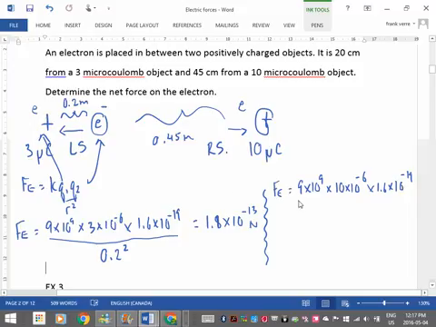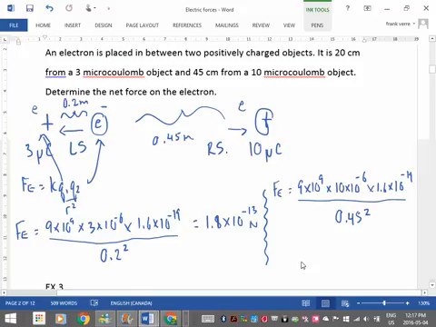The distance is different though. Even though this Q has a bigger charge, it's further away. The distance between the electron and that source is 45 centimeters, or 0.45 meters.